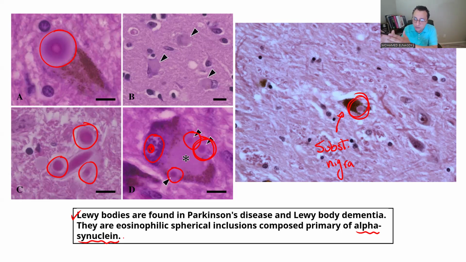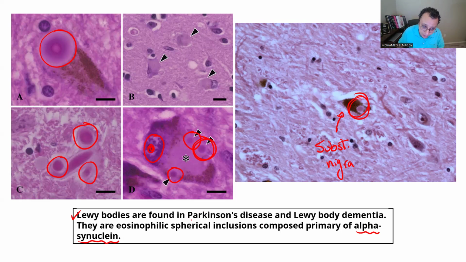Parkinsonism is usually associated with aggregates of Lewy bodies inside the neurons of the CNS in general, and this leads to a type of Lewy body dementia, right? There is a type of dementia called Lewy body dementia, which is highly associated with patients of Parkinson disease.